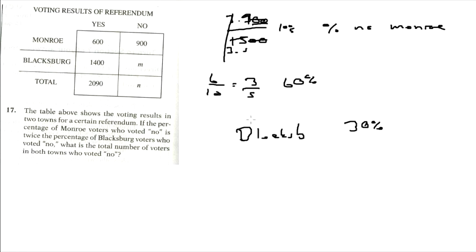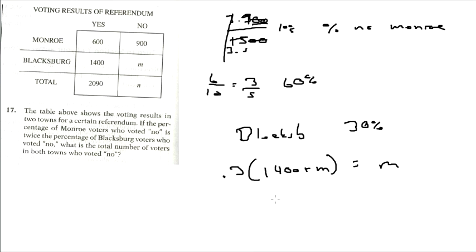So total Blacksburg times 0.3 is 0.3 times 1400 plus m. So 0.3 of the total equals m.